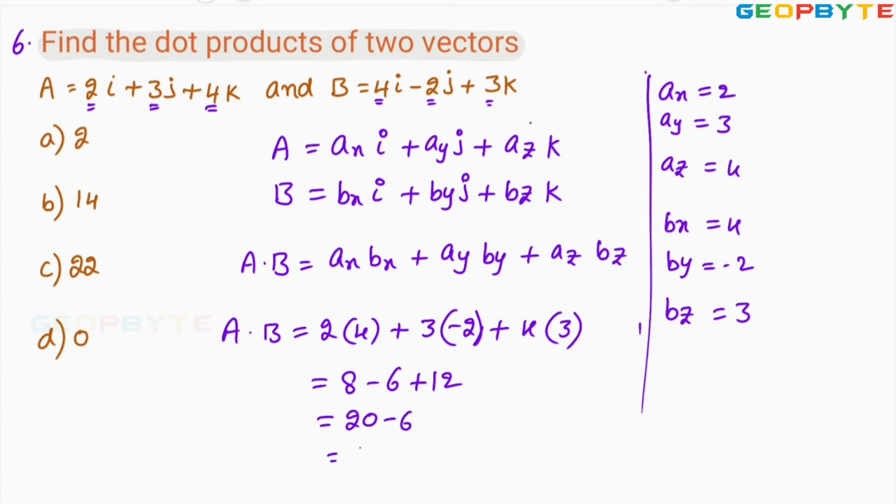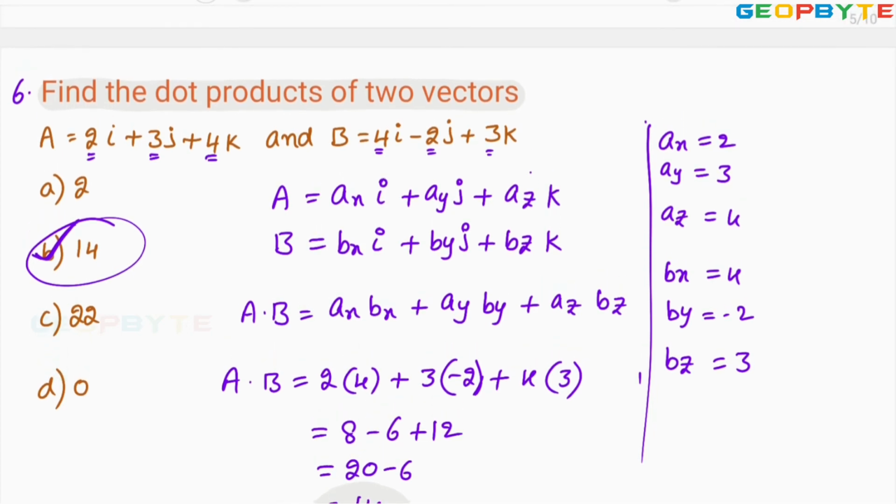It is equal to 14. So dot product of AB is equal to 14. I hope you clearly got my point. Therefore, option B is absolutely correct. I hope all of you clearly understood. I can mark this is also the most expected problem in the competitive exams.